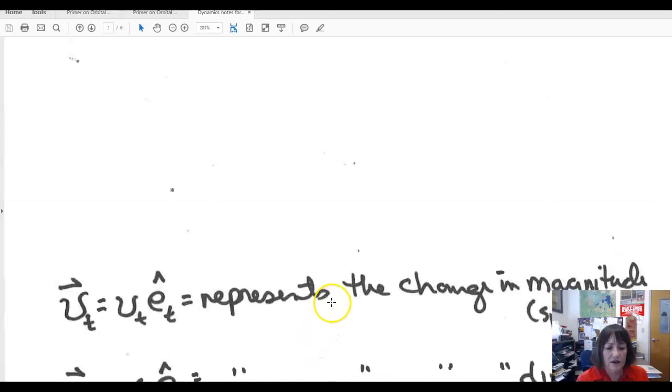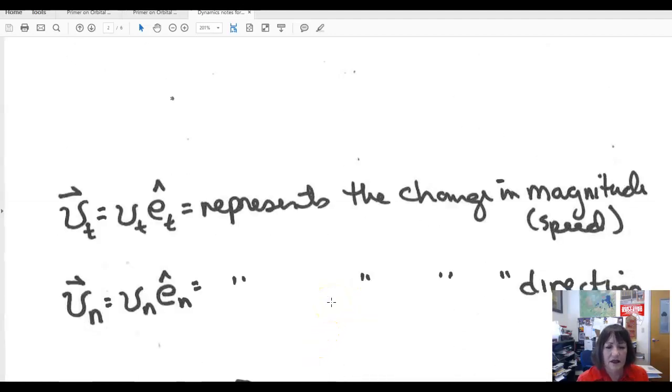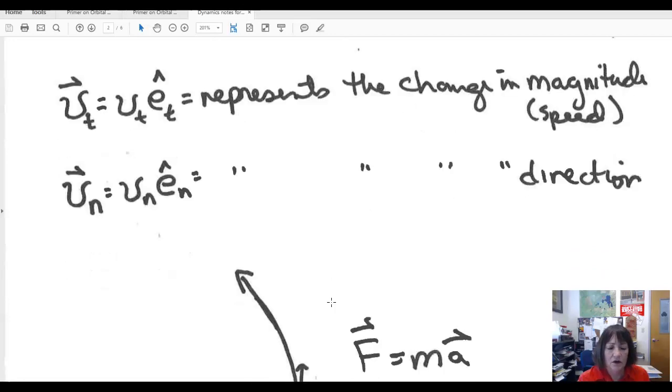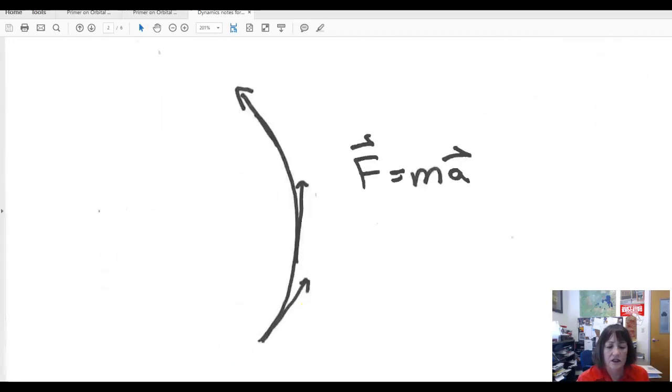So if we take a look at the tangential normal coordinate system, this could be one example of where this system really works. And you always choose a coordinate system based on what is most expedient to get the most amount of information out of with the easiest time for you. One application is when something is moving in a curvilinear fashion.